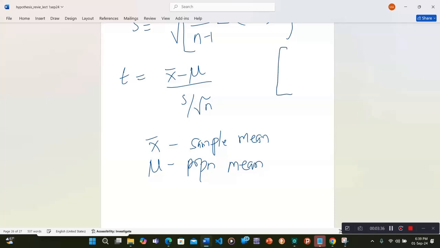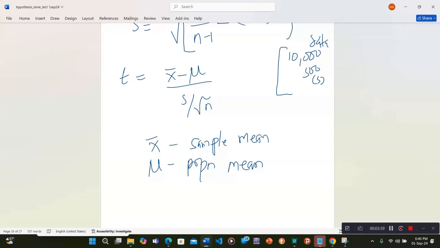Population, I said you have a bigger population, for example, maybe 10,000 data points. But you choose to pick, for example, 500. So 500 will be the sample and 10,000 will be the population.